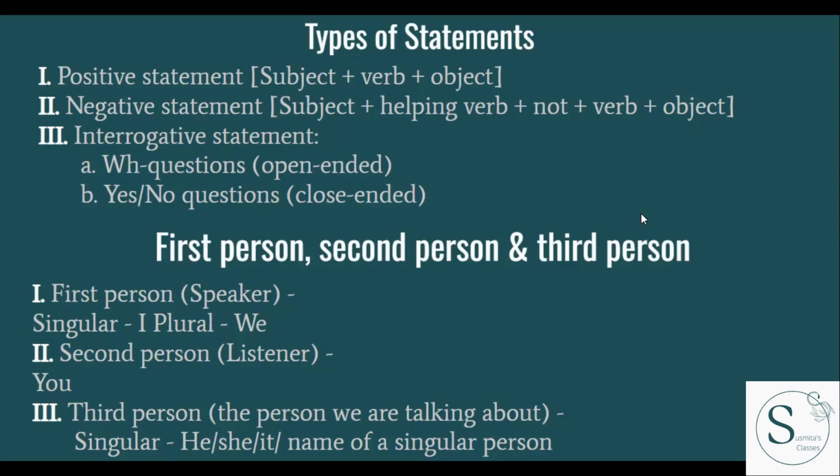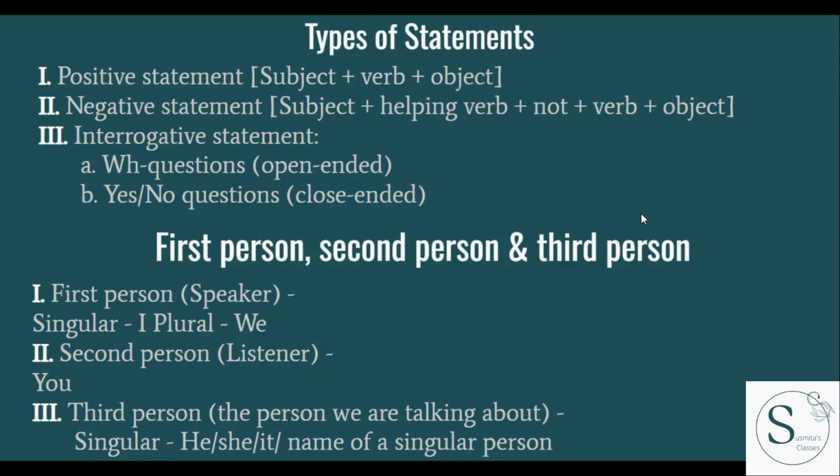Another example is, where do you live? You'll say, I live in Pune. That's how WH questions are, and that's why they are called open-ended questions. You can talk on the topic, where do you live, for 5 minutes as well.